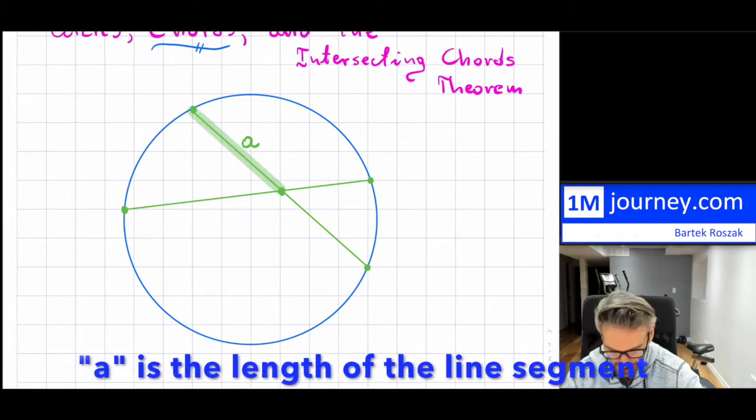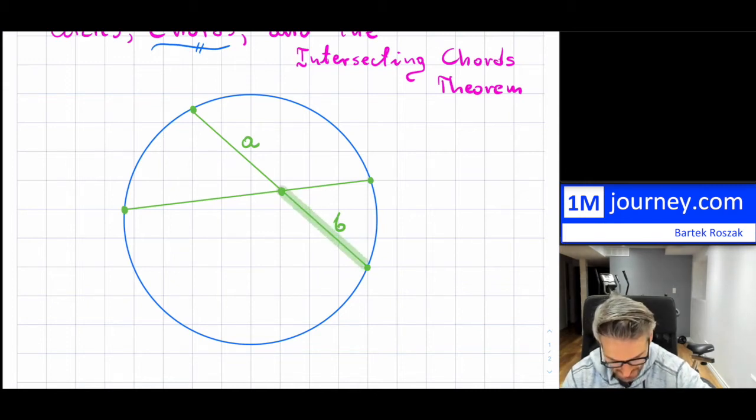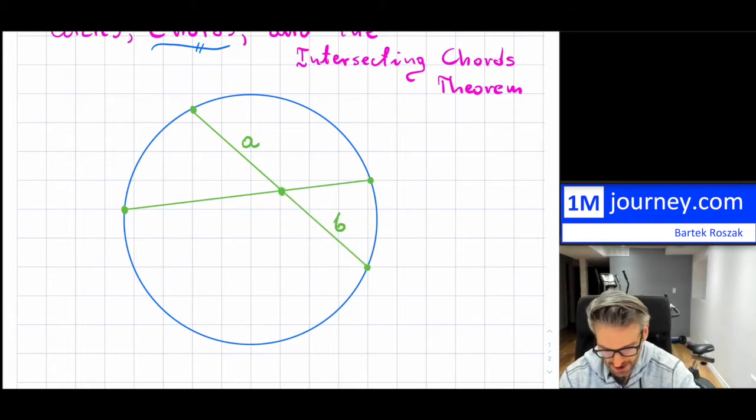I'm going to put B, so let this be B, and then B would be from this point to this point. I can do the same thing for the other chord. So I'm going to label this one as C, and this one as D.